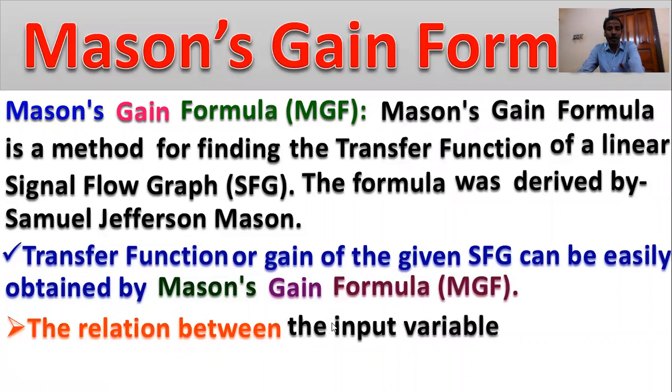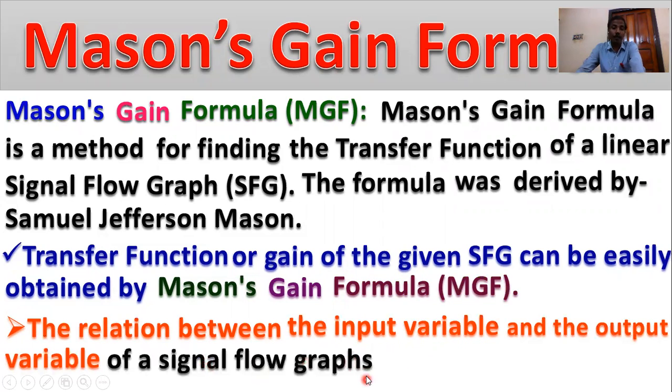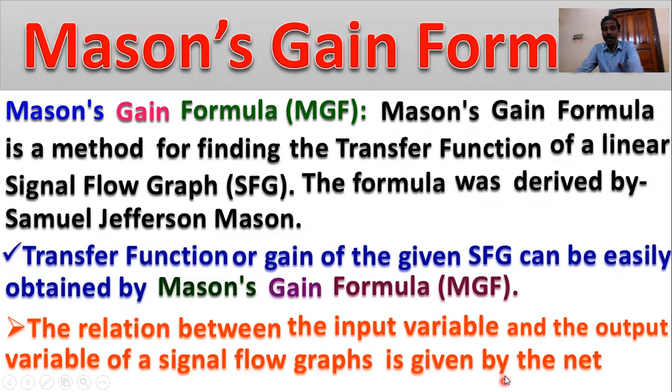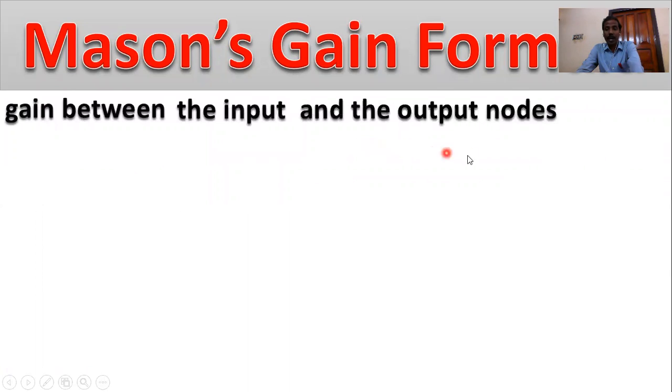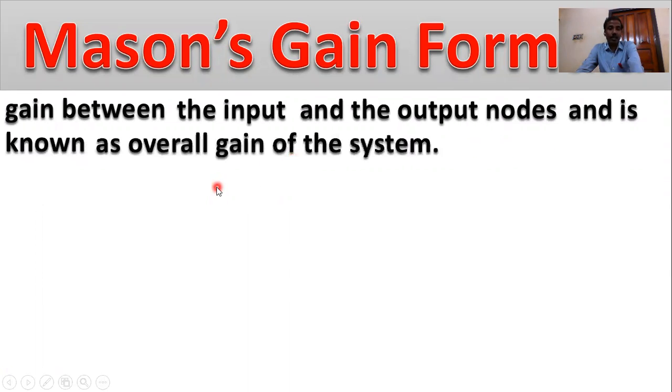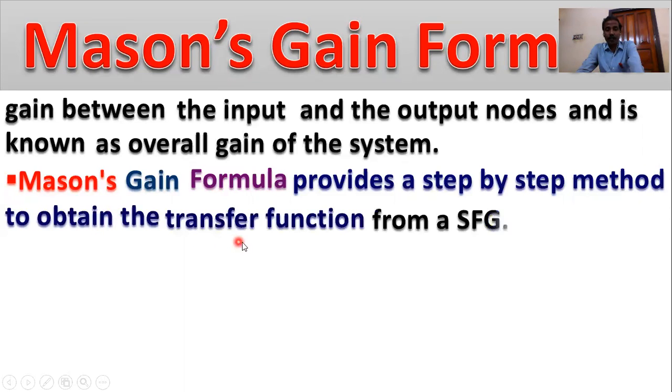The relation between the input variable and the output variable of a signal flow graph is given by the net gain between the input and output nodes, and is known as the overall gain of the system. Mason's gain formula provides a step-by-step method to obtain the transfer function.